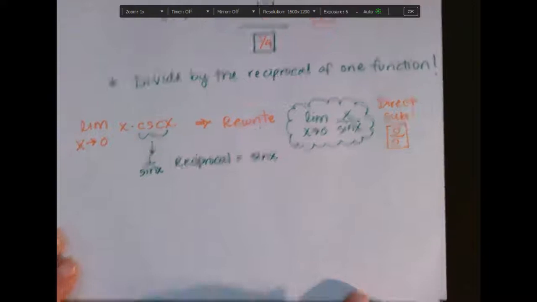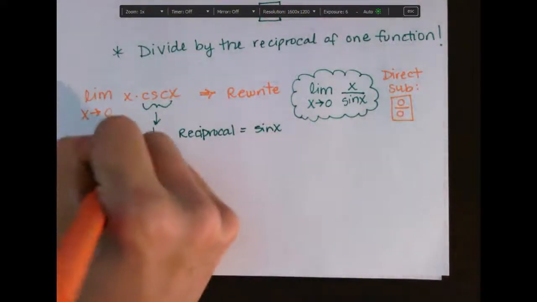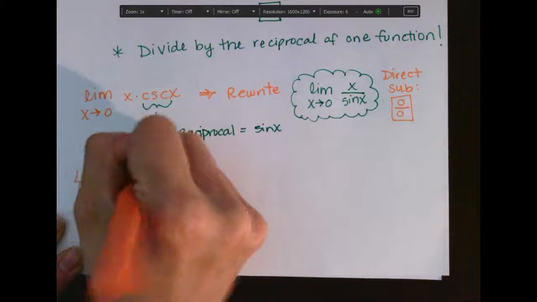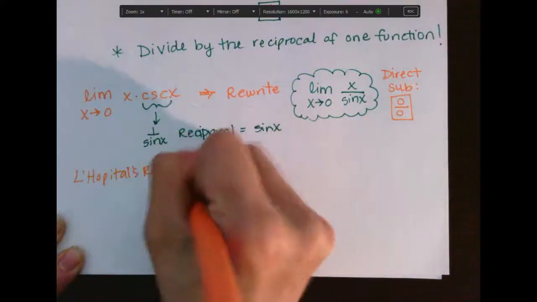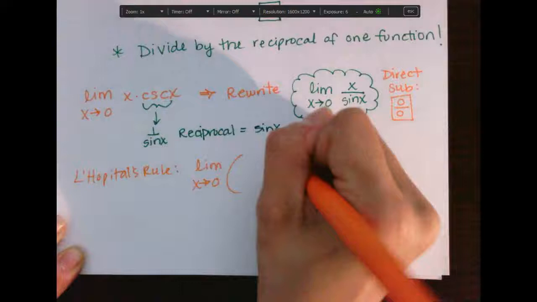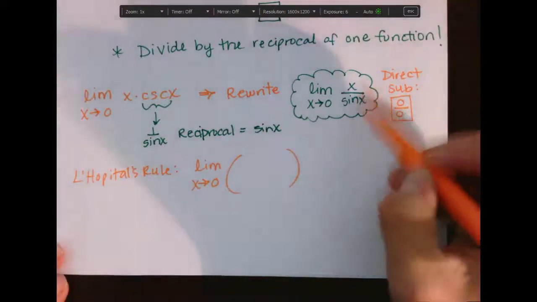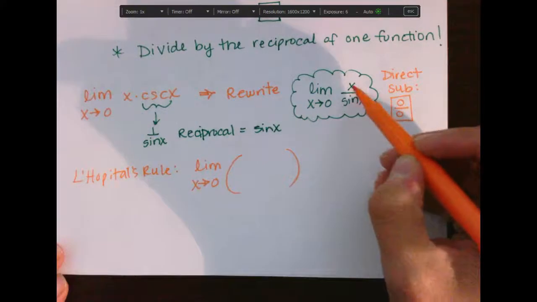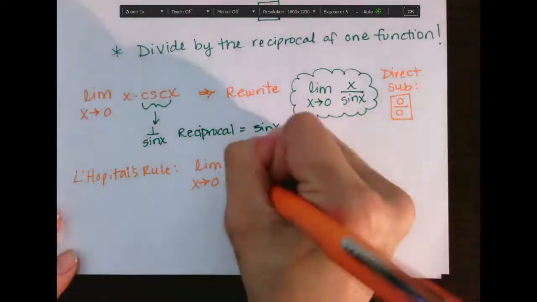Now I've rewritten it so it's in a L'Hopital form, and now I can go ahead and use that rule. So I'm going to take the derivative of the top, and I'm going to take the derivative of the bottom, and I'm going to do it one at a time. So it has to be in this form in order to do that. The derivative of x is 1. The derivative of the sine of x is cosine of x.